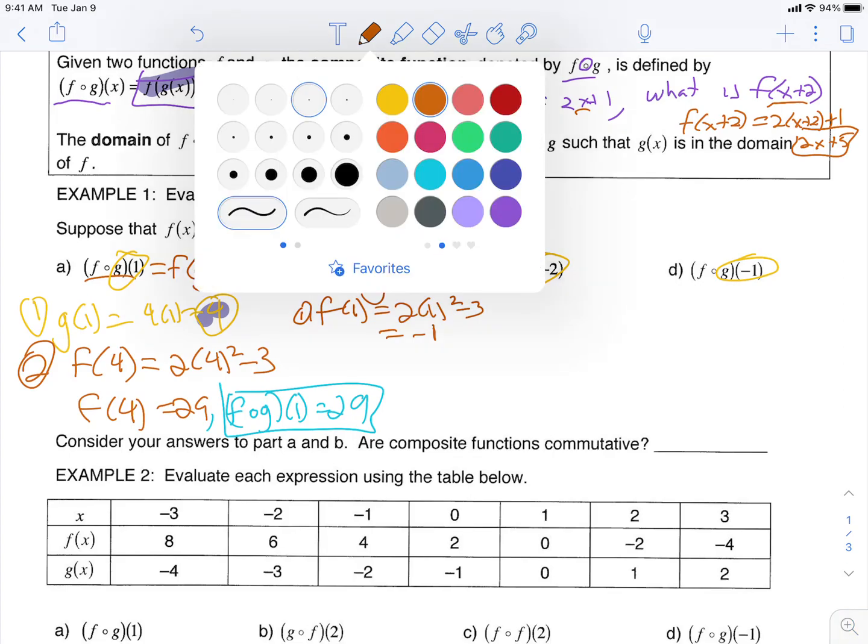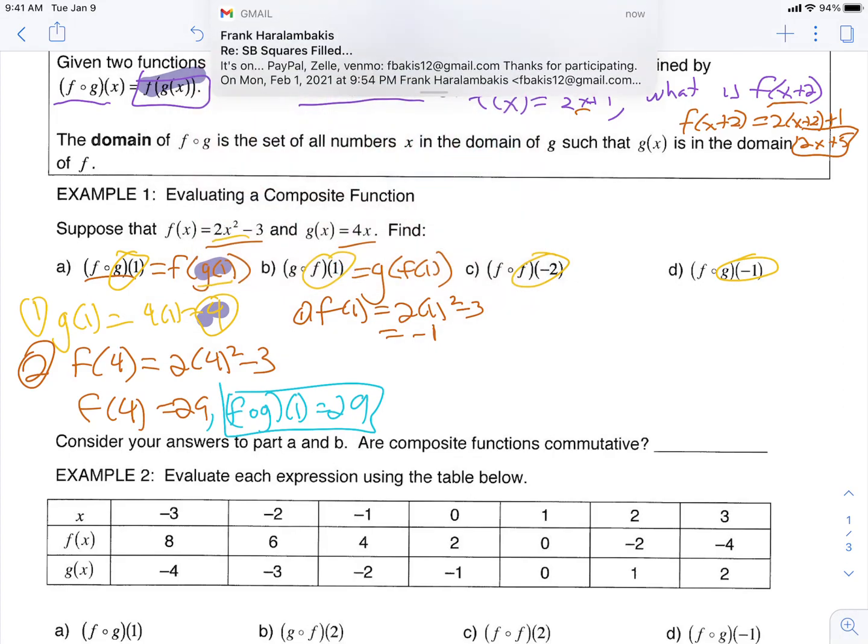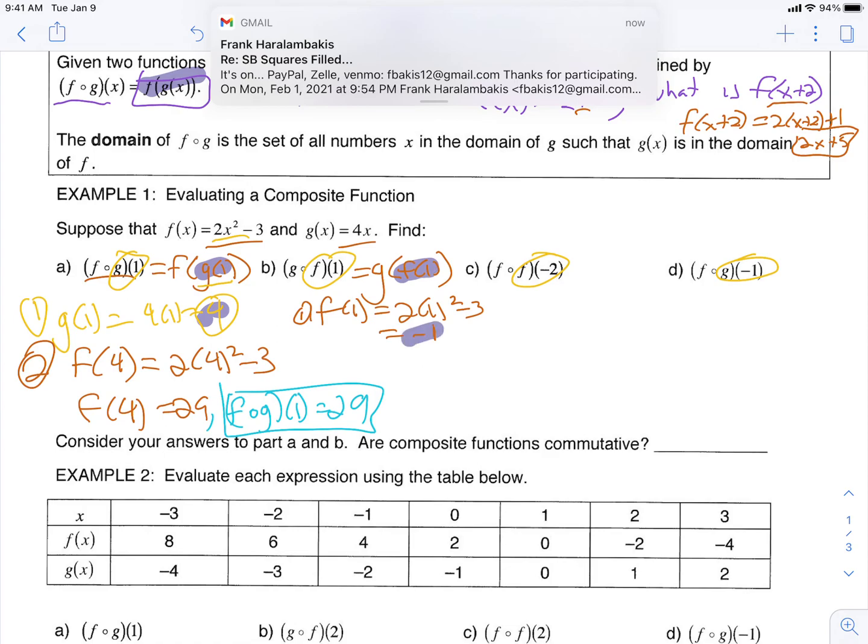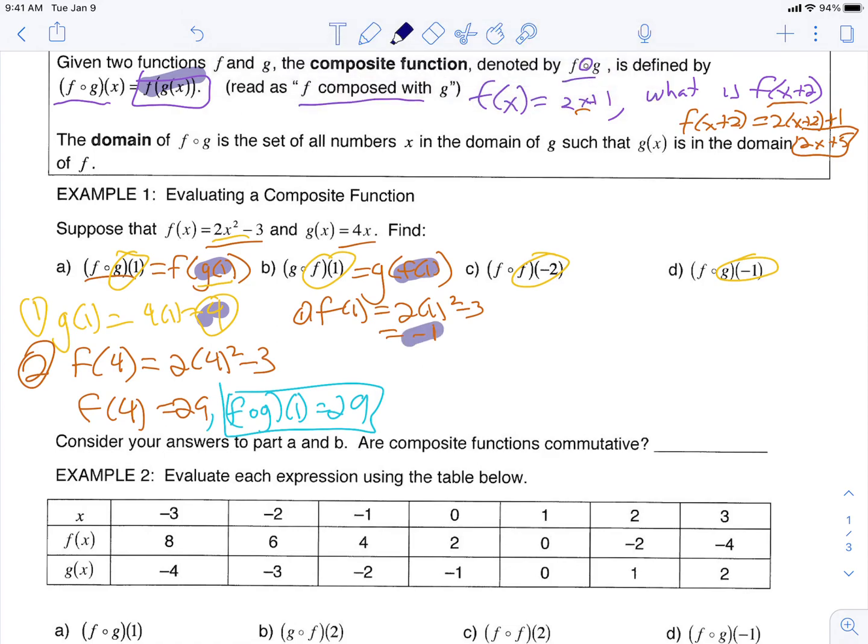And the big truth is f of 1 is the same thing as negative 1. They mean the same thing. We just found f of 1. So now we have to replace f of 1 with the number negative 1.